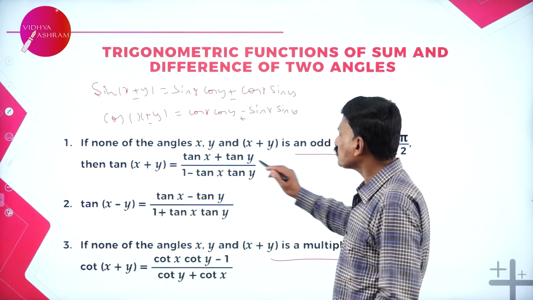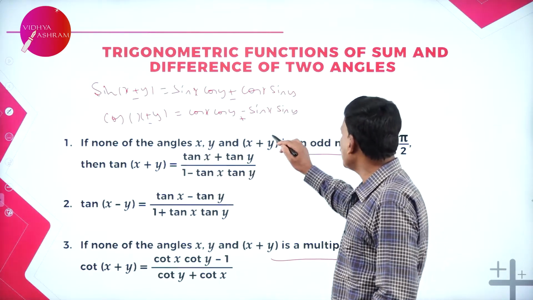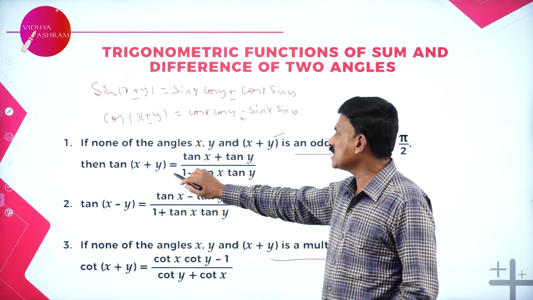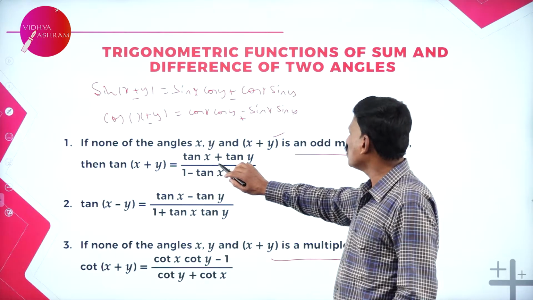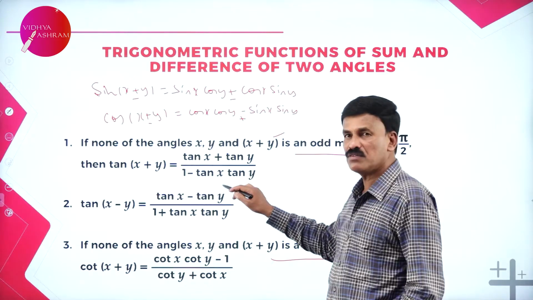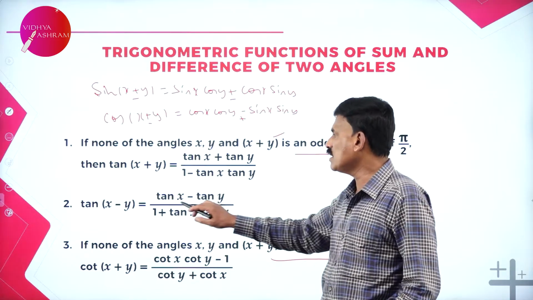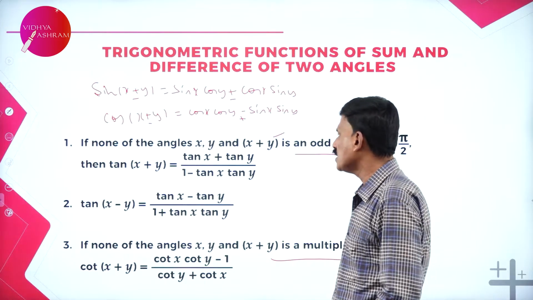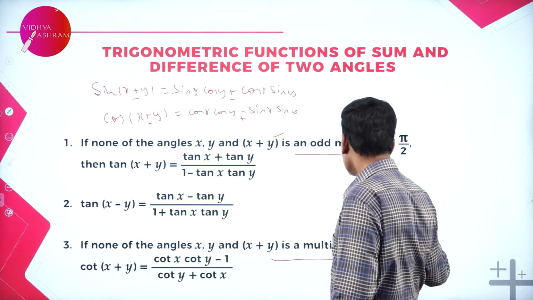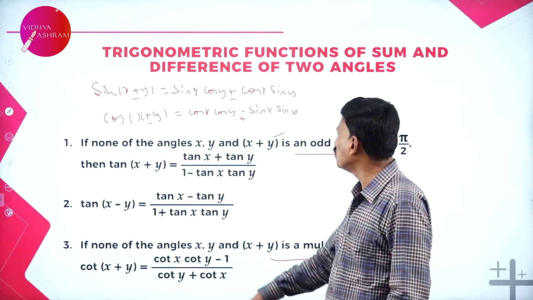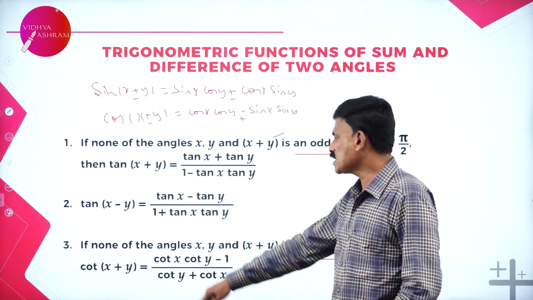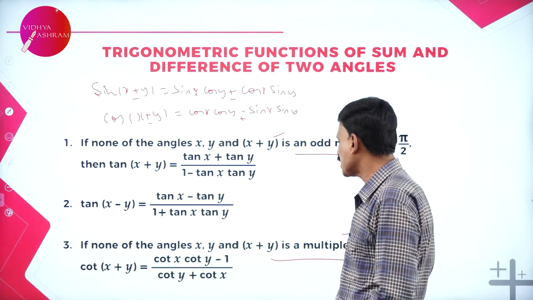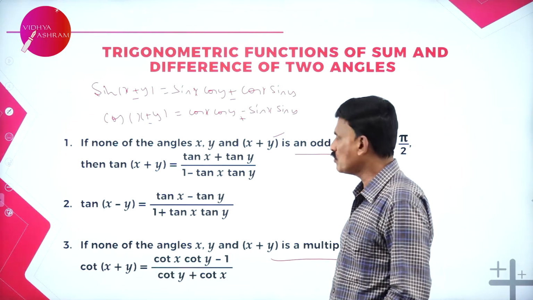Okay, see here, if x, y and x plus y are not odd multiples of pi by 2, then tan x plus y is equal to tan x plus tan y divided by 1 minus tan x tan y. Similarly tan x minus y is equal to tan x minus tan y divided by 1 plus tan x tan y, and if none of the angles is a multiple of pi, then cot x plus y is equal to cot x cot y minus 1 divided by cot x plus cot y or cot y plus cot x.